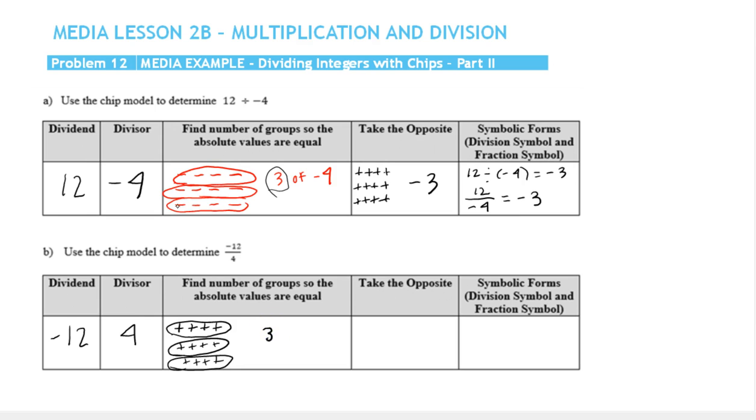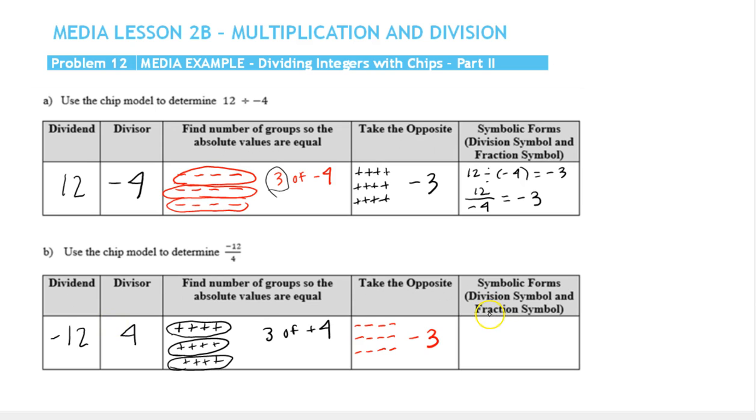So 3 of +4 gives us 12 chips, but we want 12 negative chips, so we're going to take the opposite. And since we took the opposite of 4, we take the opposite of 3, and we have -3 groups of 4 give us -12 chips.